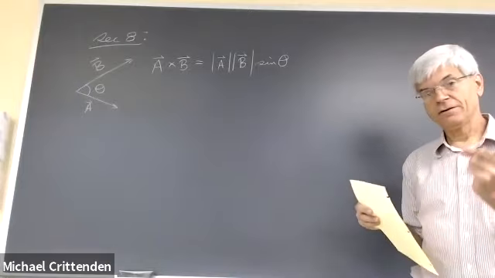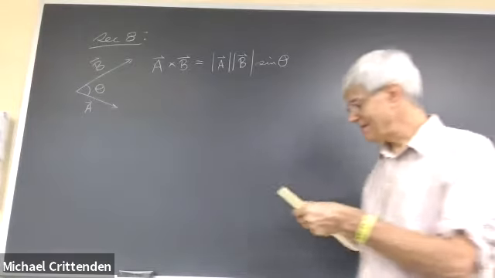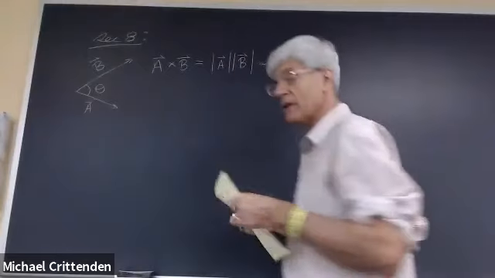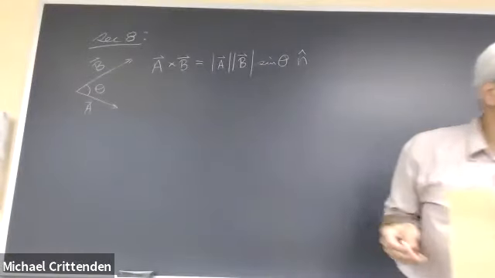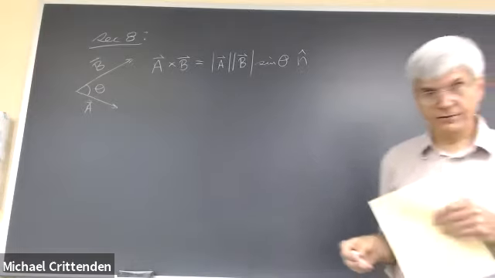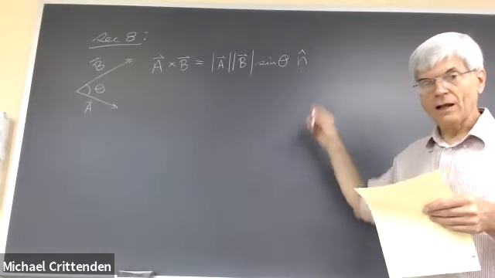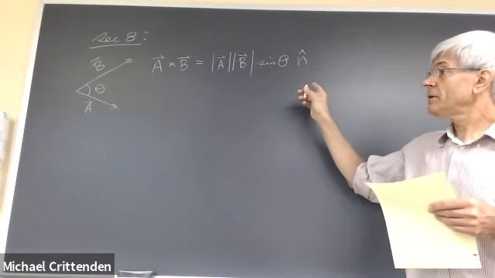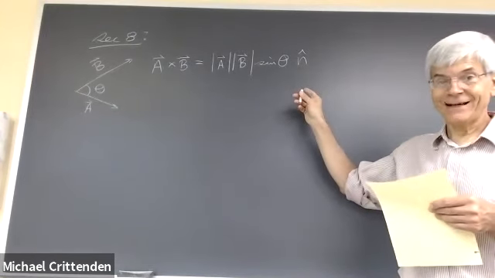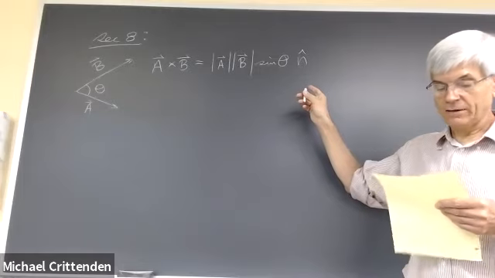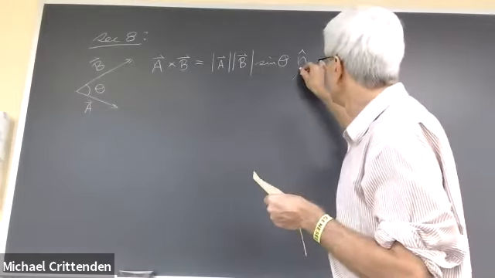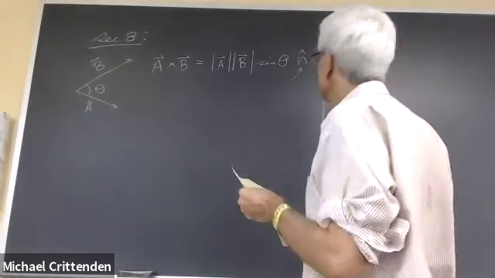The main difference is the thing I'm going to stick on the end: a unit vector to give it a direction. N for normal, because the cross product is perpendicular to both of the vectors being multiplied. I'll get that written down and then elaborate.